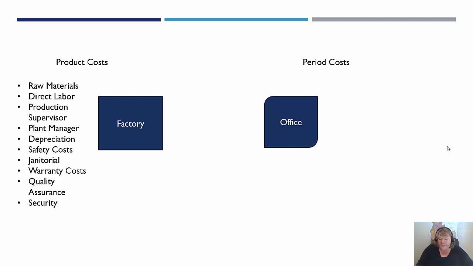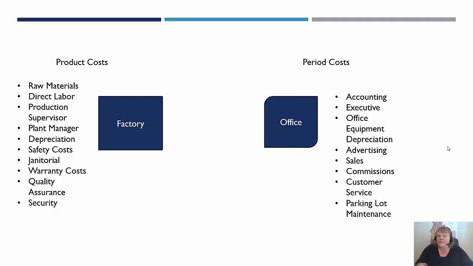Now our period costs, these are expensed immediately. And that typically happens in the office. Accounting, the executives, the office equipment depreciation. So we're going to have depreciation on the plant and all of your assets, right? The plant, the equipment, any of that is going to depreciate.